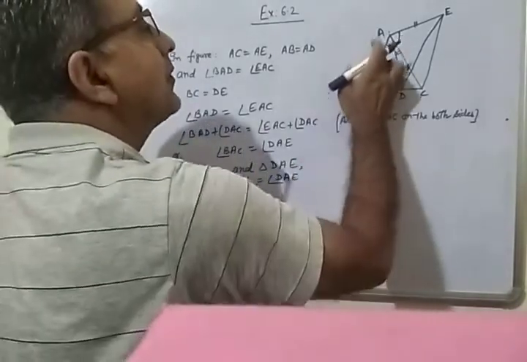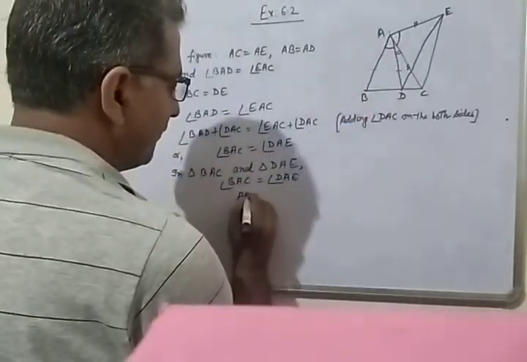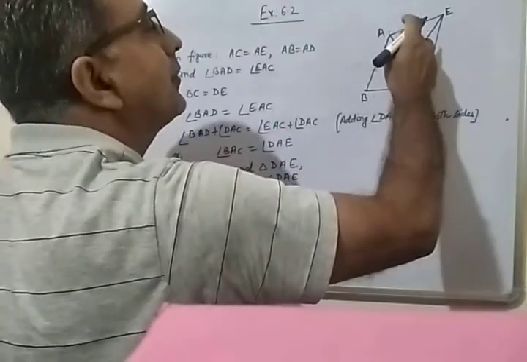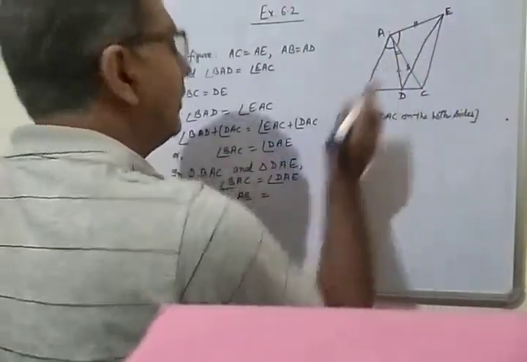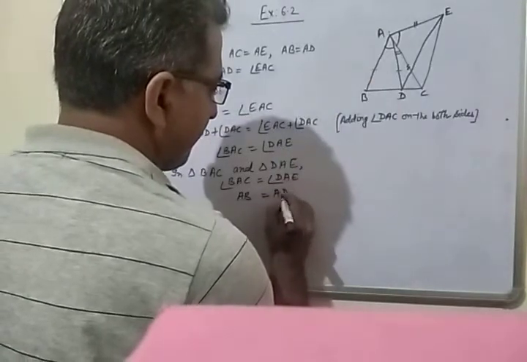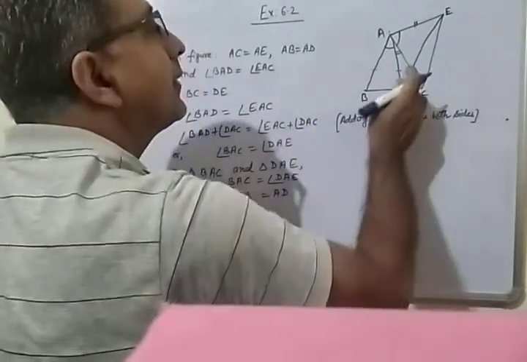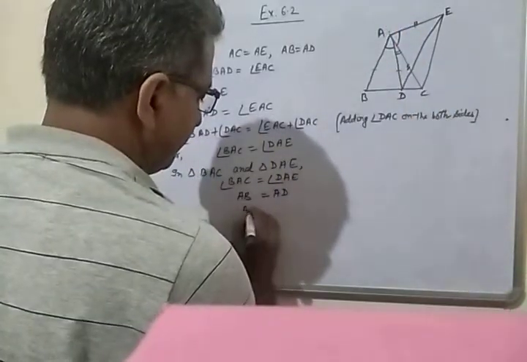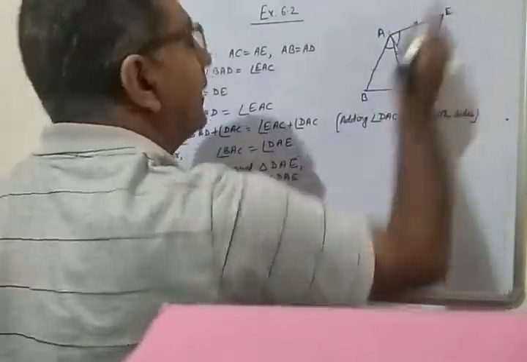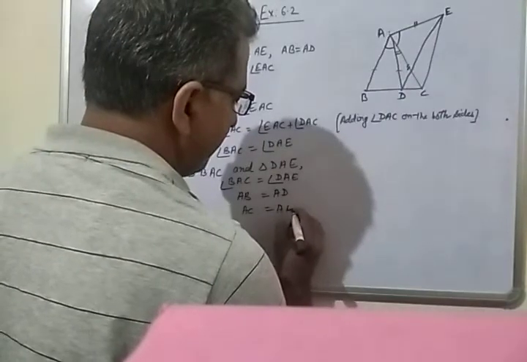Then side of this triangle AB is equal to side of this triangle AD, AB equals AD, and this side AC equals this side AE.